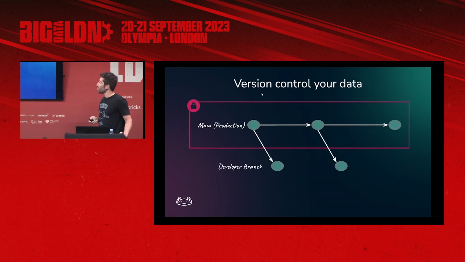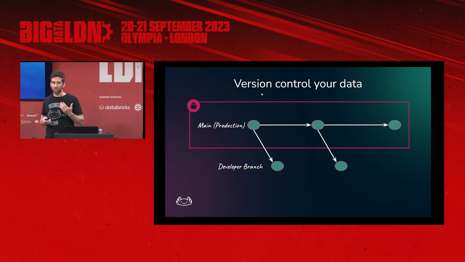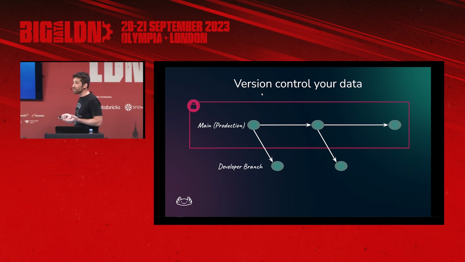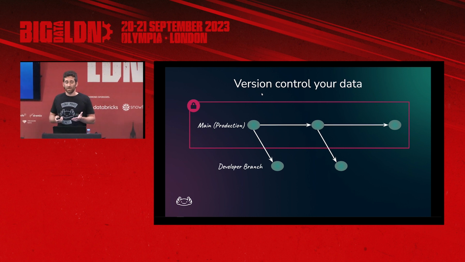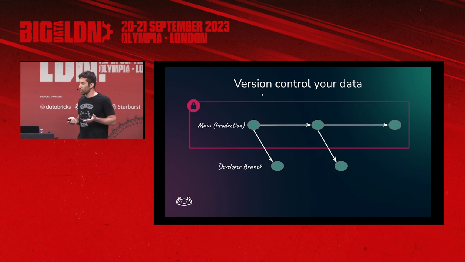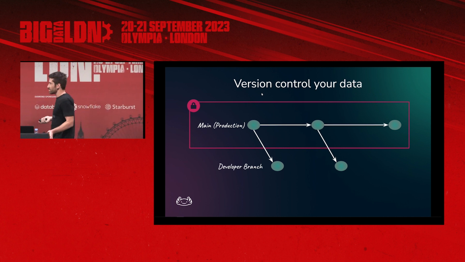Now, what if we could manage our data the same way we manage code? Every time we're creating a new feature, we just branch out of our production data and run our tests over there. So now we're basically testing on up-to-date production scale data without tedious copying and without the risk of affecting our production data sets.